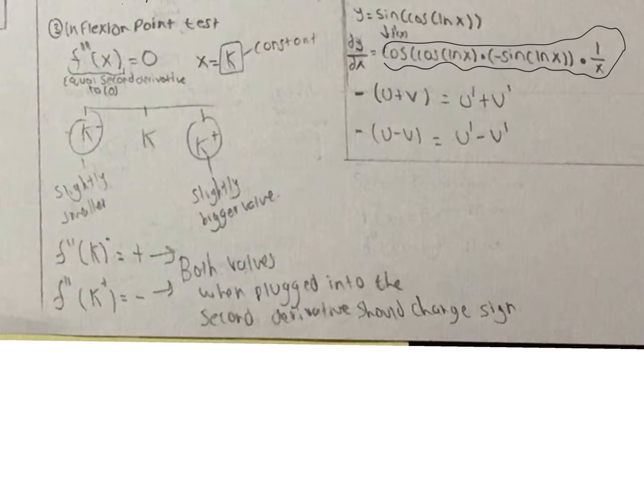So we get a value. In this case, let's say 0. So we choose a value slightly smaller, a value slightly bigger, and then say f''(-1). You see, replace the slightly smaller value into the function you have.